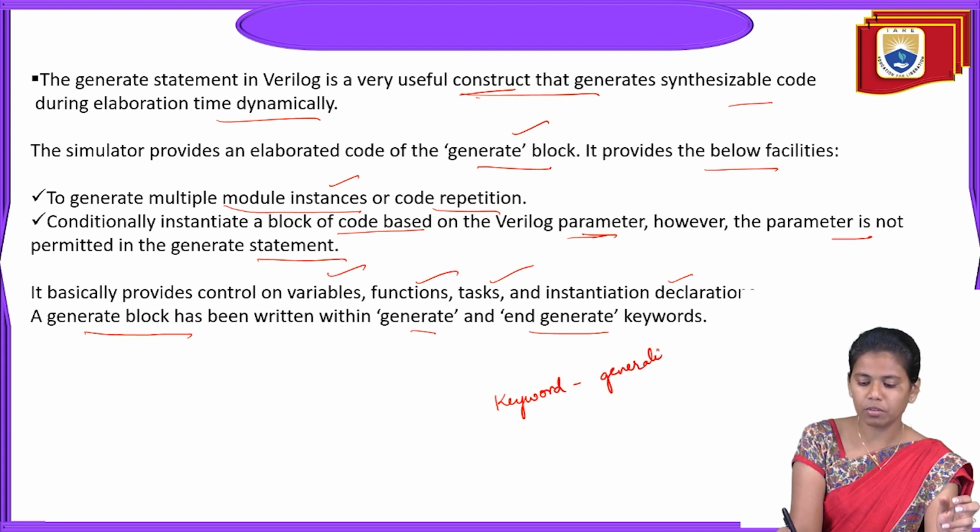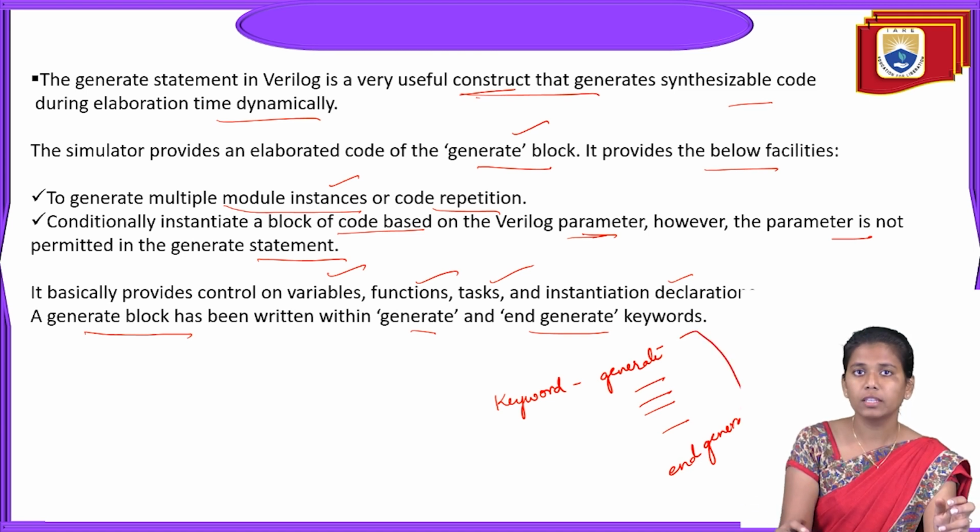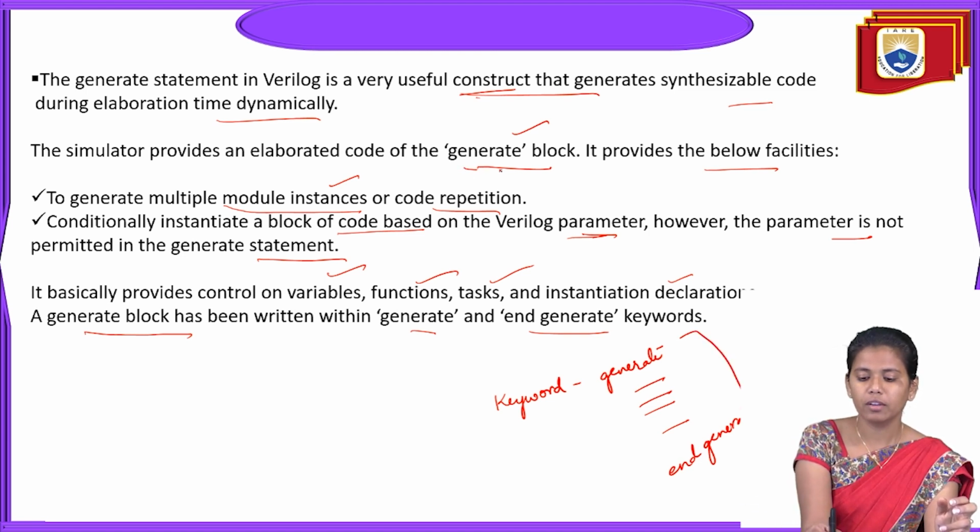The code should start with generate, and after the different statements, it should end with end generate. This is how you have to write the code pertaining to the generate block.